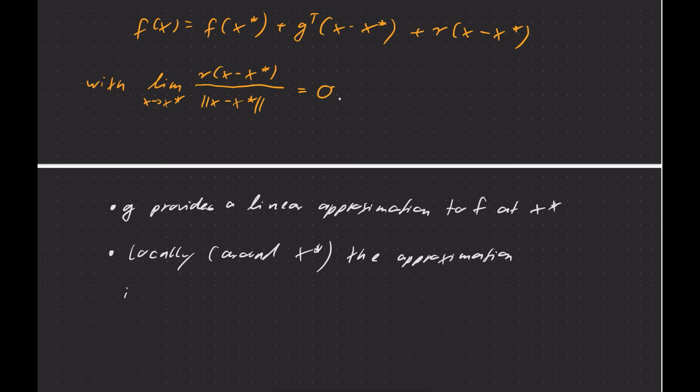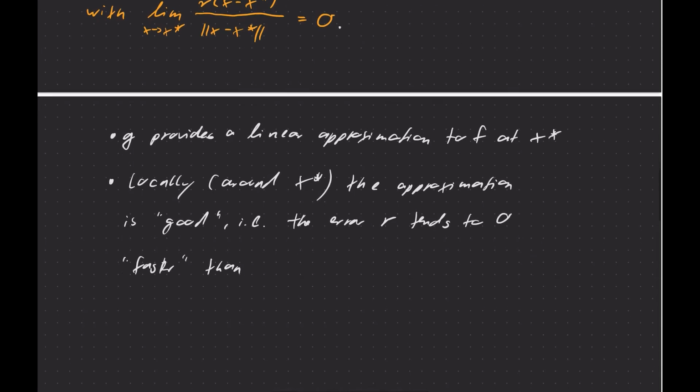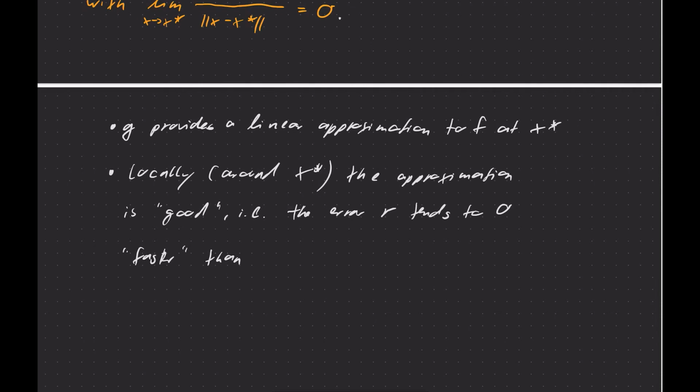The approximation is good, meaning the error R tends to 0 faster than the distance of x and x star as x tends to x star.